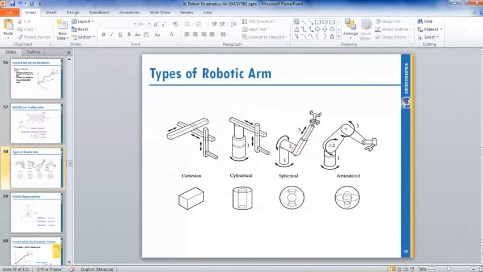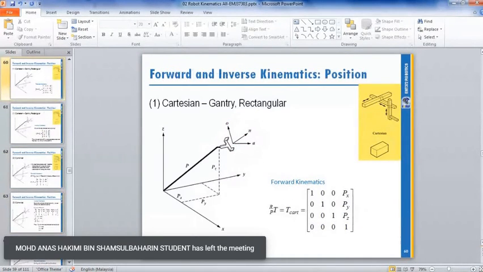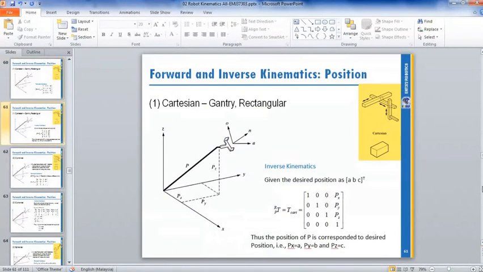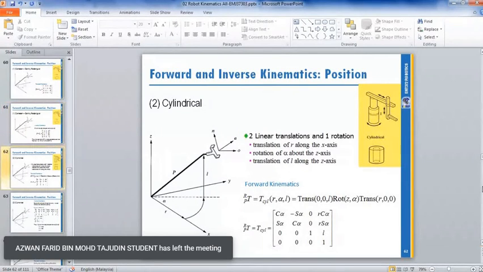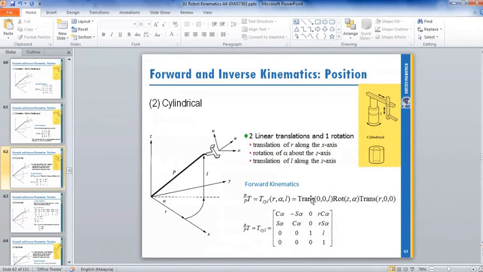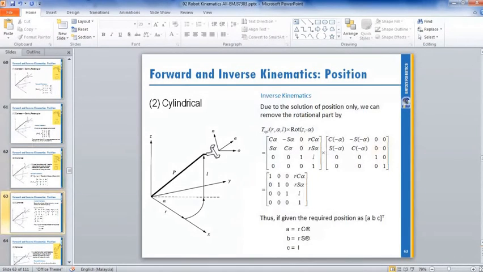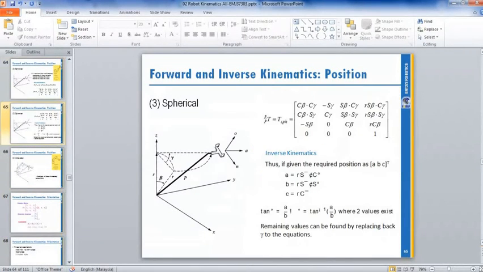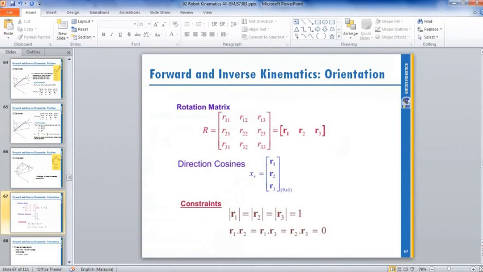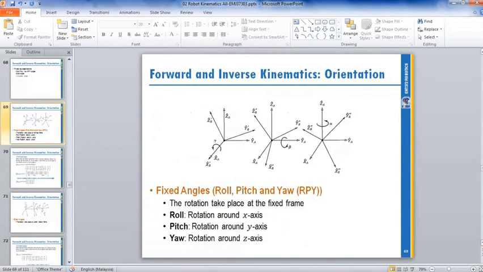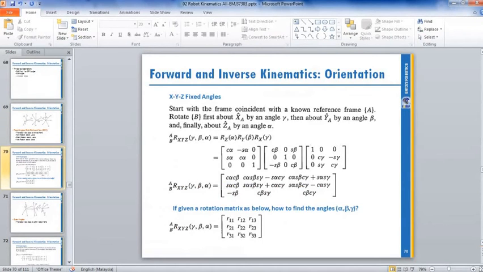This is inverse kinematics. How to find the inverse: apply inverse kinematics. For inverse kinematics, you will use the formula in lab 1 or lab 3 using MATLAB. So this one you can read by yourself.